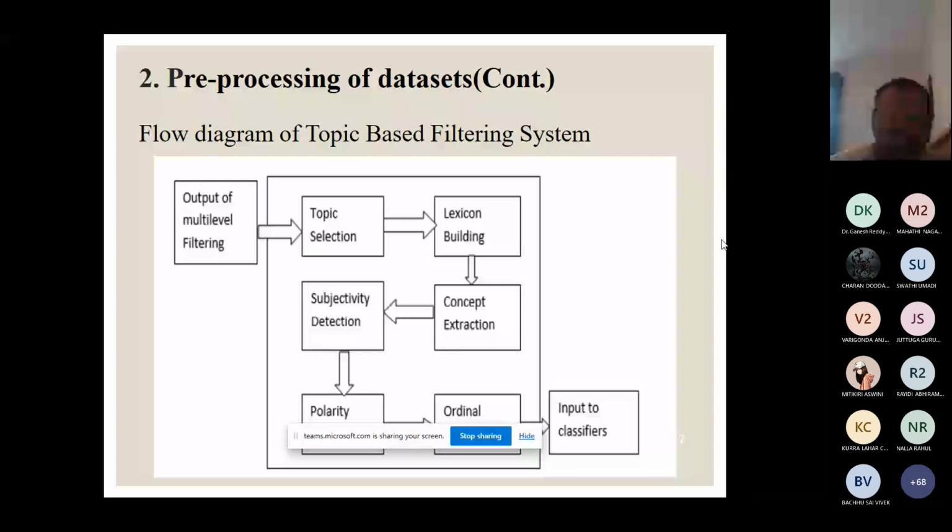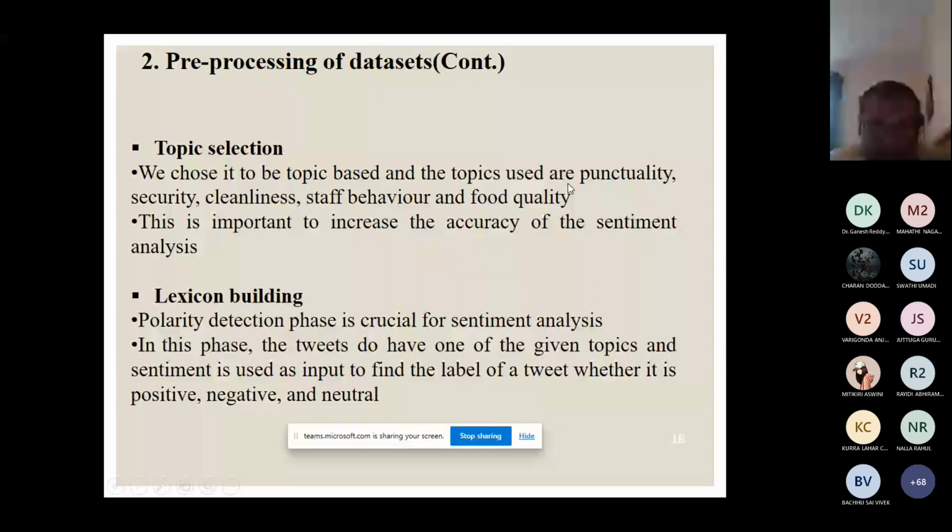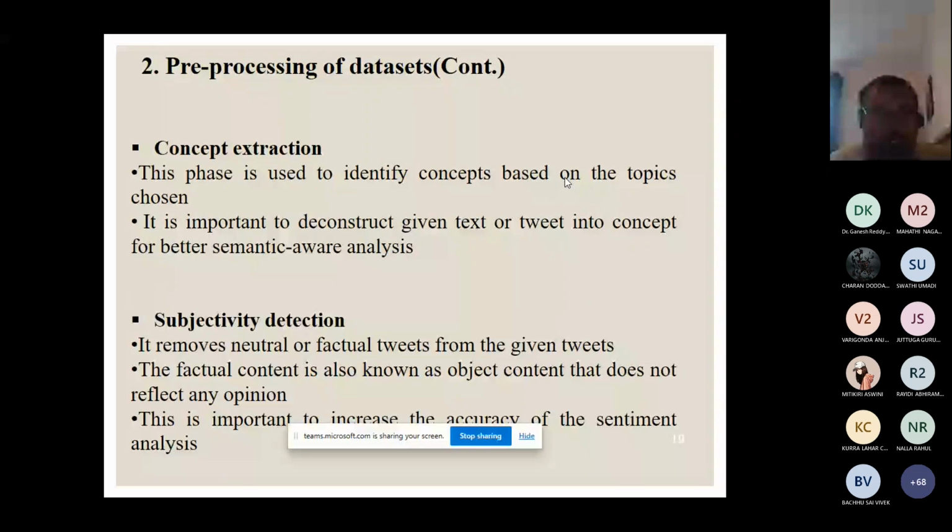Then on that, I applied lexicon building. Lexicon building is nothing but giving labels to the tweets, whether positive, negative, or neutral. After that, I applied concept extraction, where I identified whether there is a semantic aware analysis between the text or not.